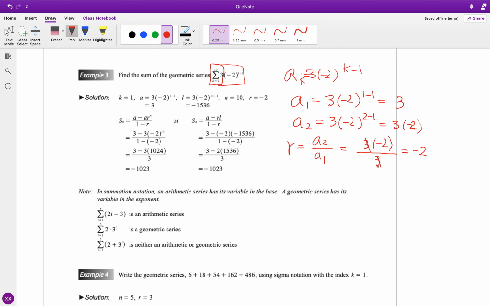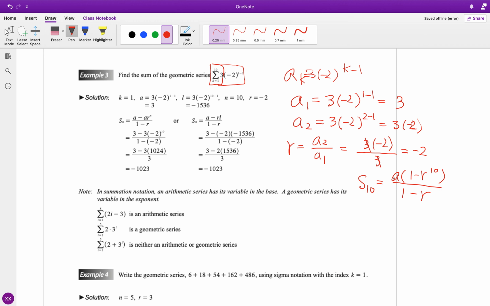So then I'm just going to use the formula for S_n. As a matter of fact, now it's from 1 to 10. So it is 10 terms added together, which equals the first one, a1, times 1 minus r to the power of 10, divided by 1 minus r.